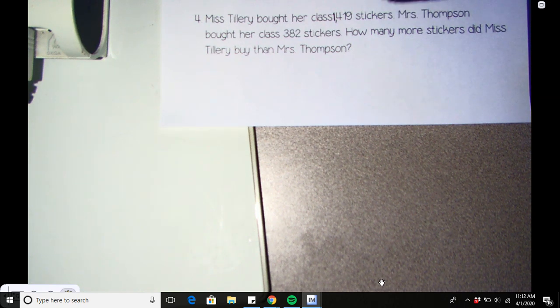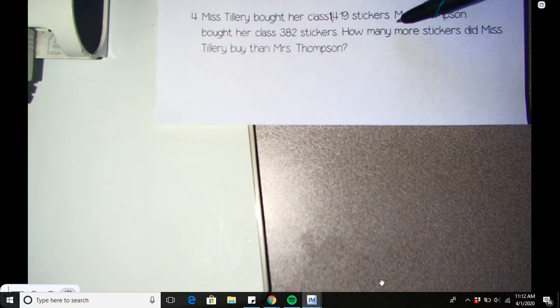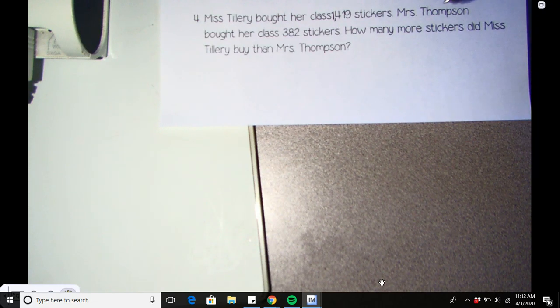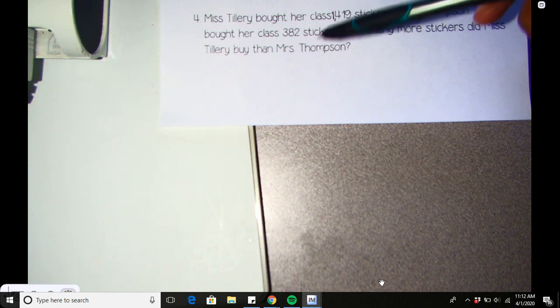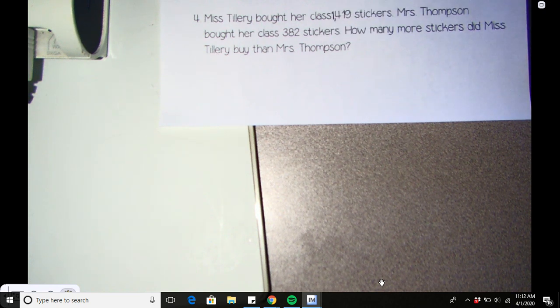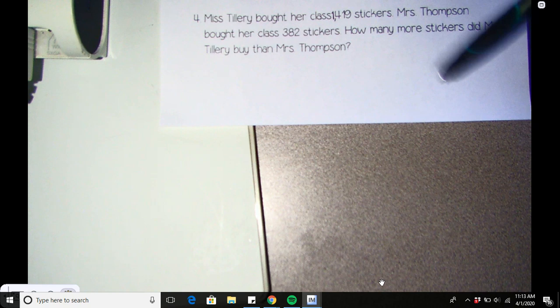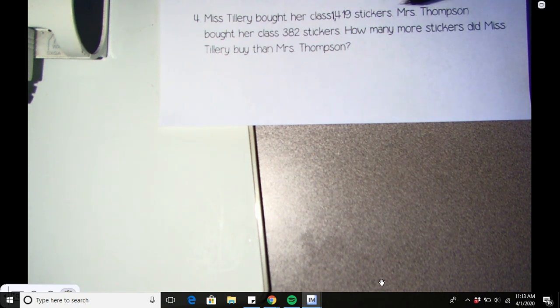And we've talked about before in class, guys, often when we hear that phrase, how many more, we're subtracting, because it wouldn't make sense. If I were to add these two numbers together, I would get like 1,700 some. That doesn't make any sense. How could Miss Tillery have 1,700 more stickers than Miss Thompson when Miss Tillery only started with 1,419 stickers?